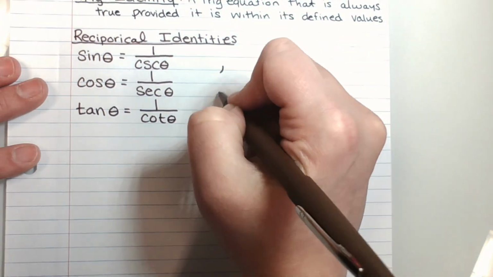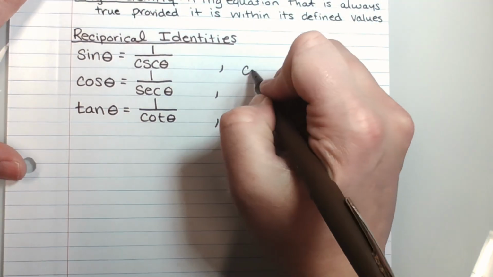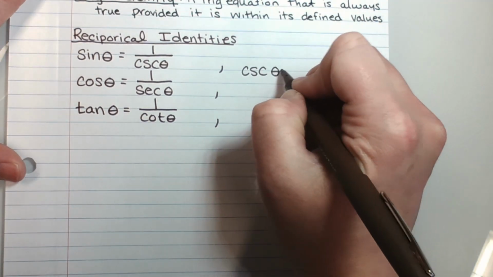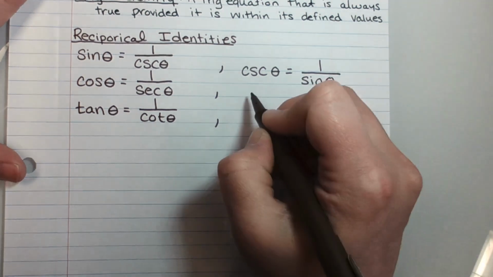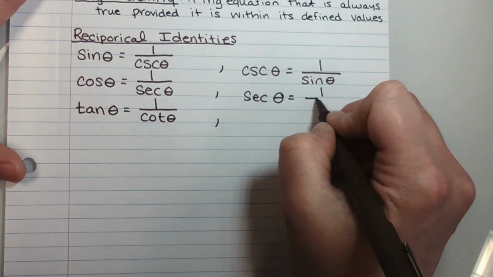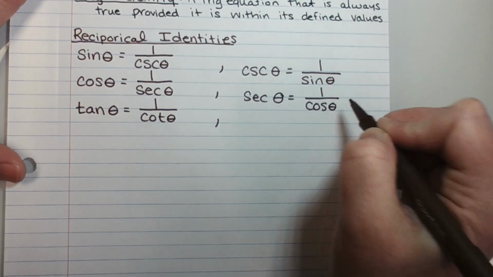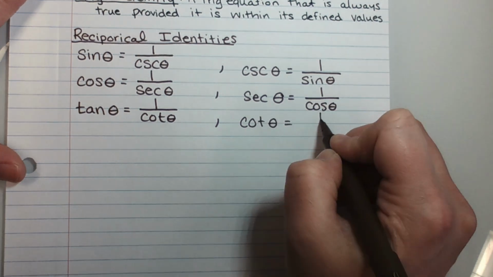Or, more specifically, we worked with the other 3 reciprocal identities because typically we wanted sine, cosine, tangent because they're easier to work with. More commonly, we dealt with the fact that cosecant is the reciprocal of sine, secant is the reciprocal of cosine, and last but not least, cotangent being the reciprocal of tangent.